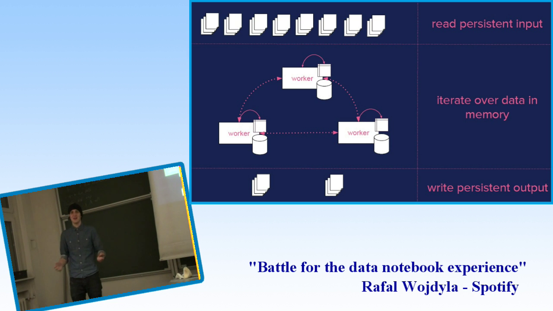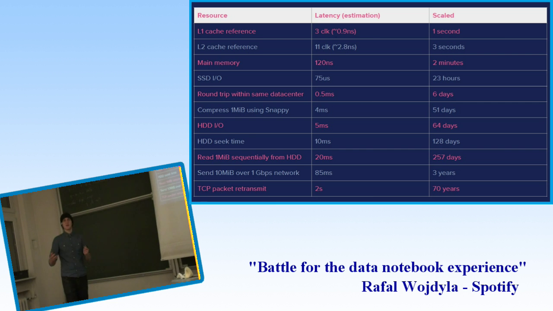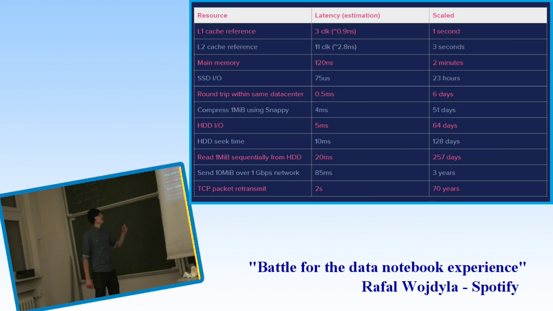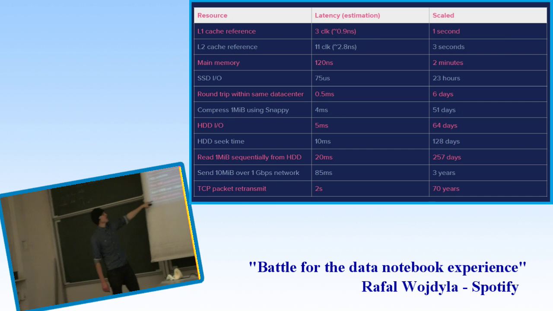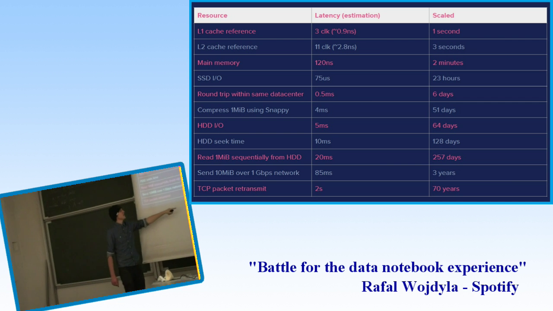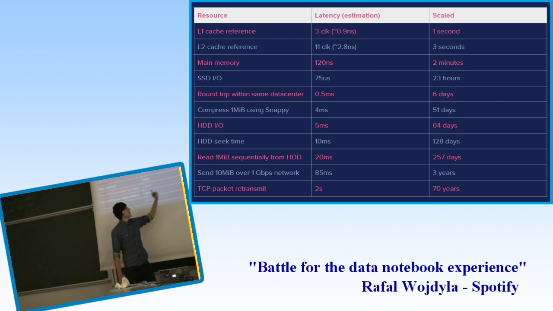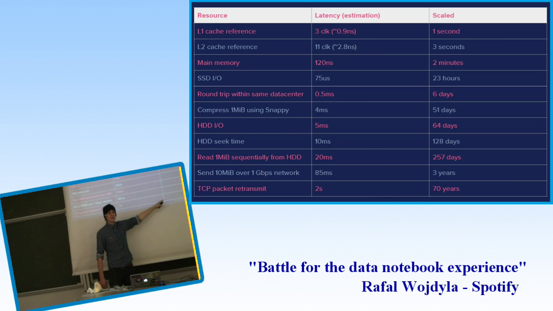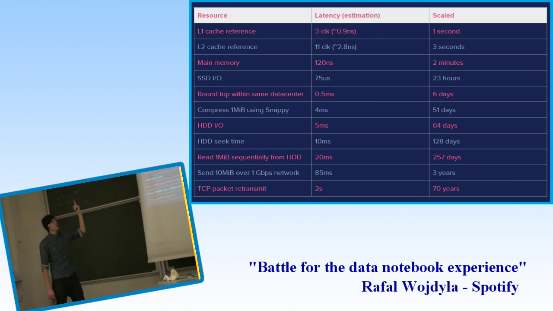Everyone says that, but how fast is it, and how much faster is it? In this table, I hope you can see, the first column is the resource or operation. The second column is the latency of that resource or operation, and the third column is the scaled value. Let's take a look at L1 cache reference.